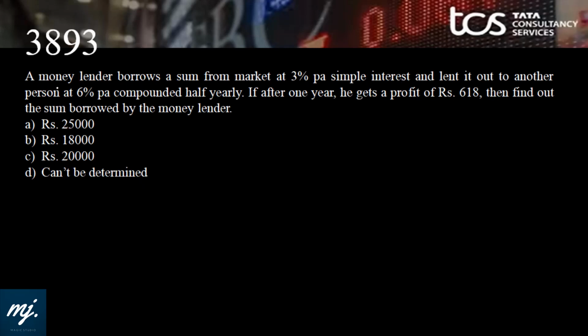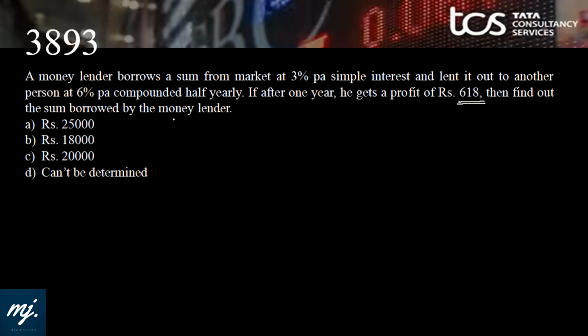A money lender borrows a sum from market at 3% per annum simple interest. And lent it out to another person at 6% per annum compounded half yearly. If after 1 year he gets a profit of 618, then find out the sum borrowed by the money lender.